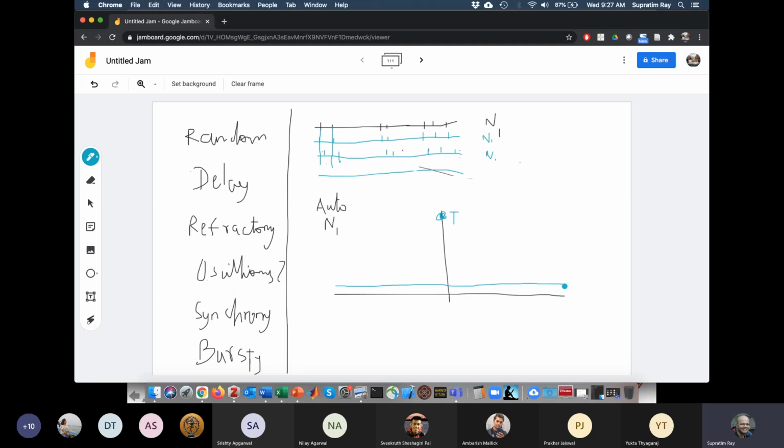The height of this line will depend on the average firing rate, the lambda of the Poisson process. However, if it is completely Poisson-like, then the lag shouldn't matter. The number of coincidences that you might get by chance doesn't depend on how much you shift N1, because it's firing randomly.